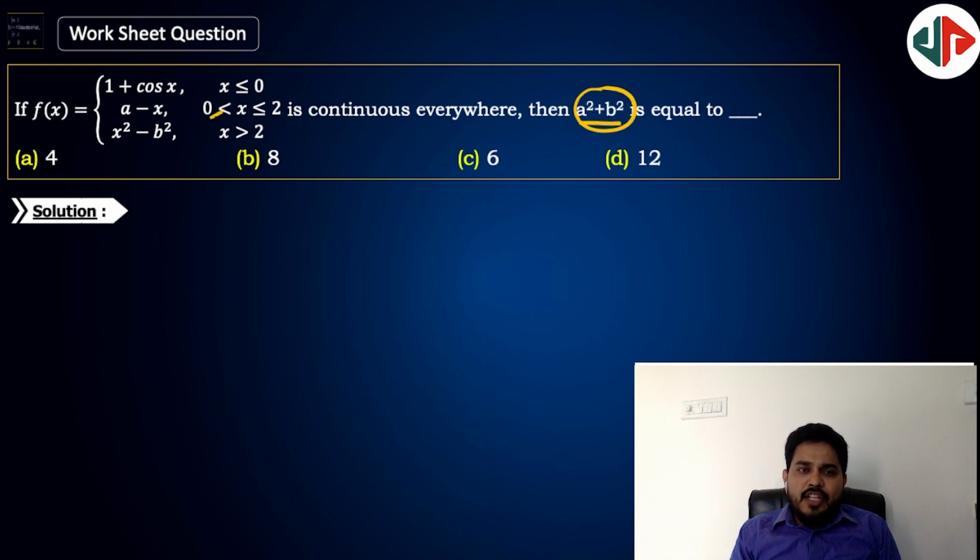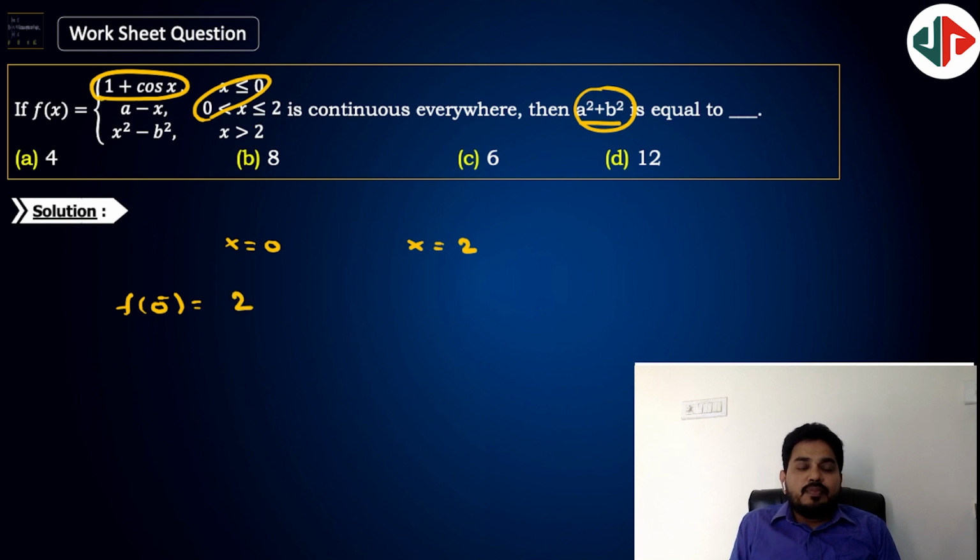The critical points where the function nature is changing are at x is equal to 0 and x is equal to 2, so we need to check. So f of 0 minus, instead of writing everything, I'm writing f of 0 minus. What is this value? 1 plus cos 0 will be equal to 2. And f of 0 plus, where x is greater than 0, I need to take this one. What is this value? a.